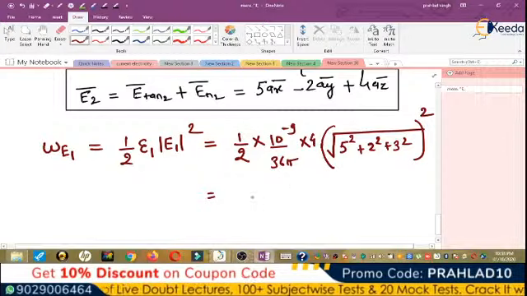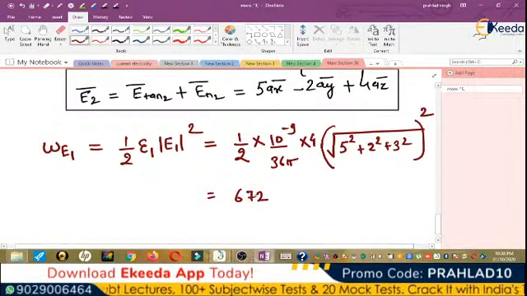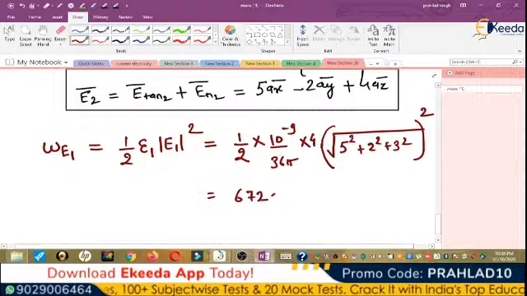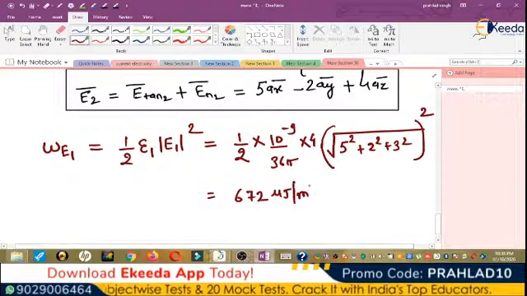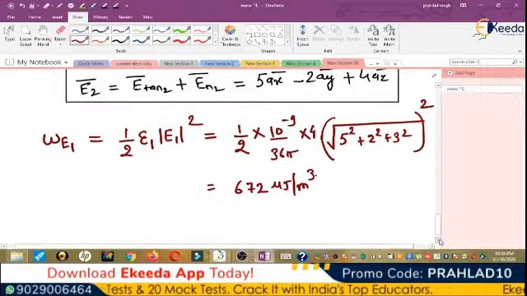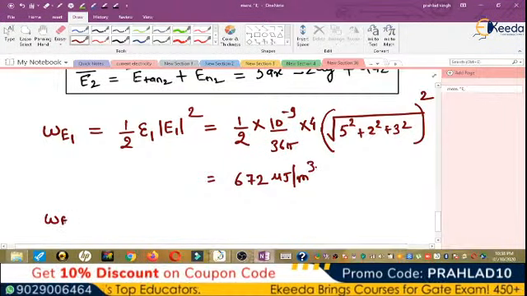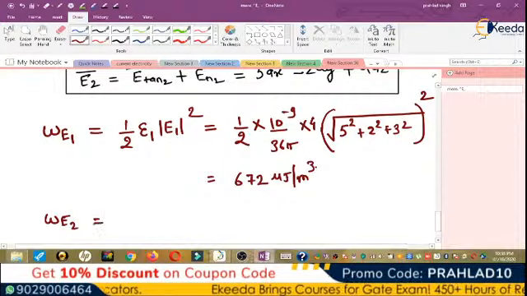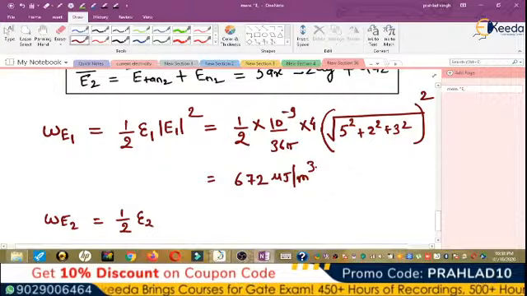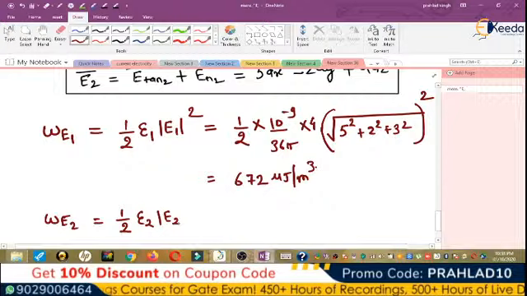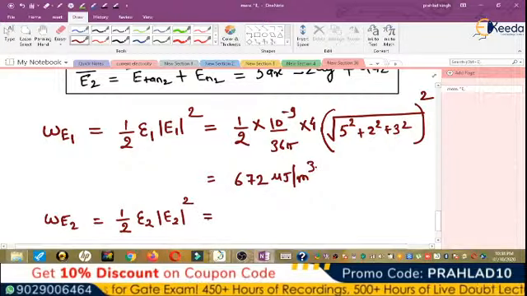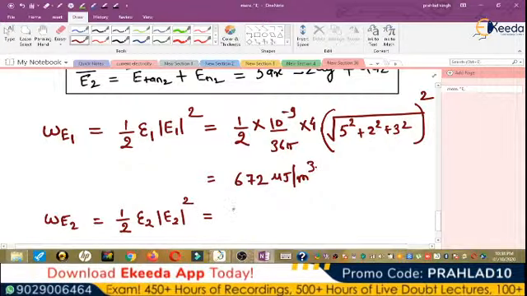Hello, how are you? It is 672, right, microjoule per meter cube. Okay, the unit of energy density is joule per meter cube. It is always represented in joule per meter cube. Now W E2, right, in the medium number 2. So in the medium number 2, the energy density will be equal to 1/2 epsilon 2 mod E2 square.